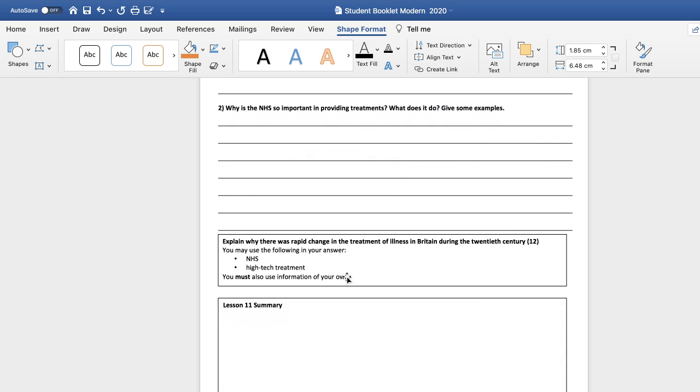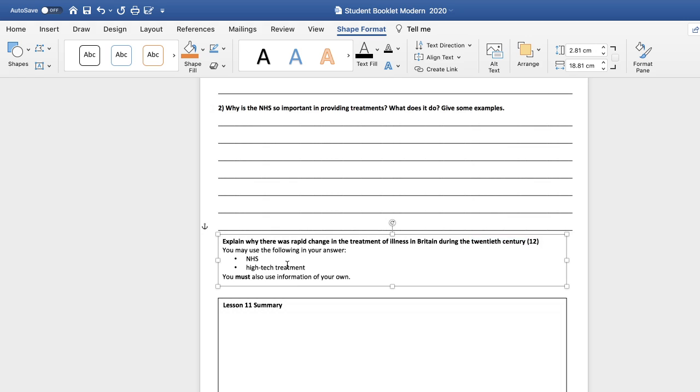Now, there is an explain why question, which I'm happy for you to attempt to plan if you want, which says, explain why there was a rapid change in the treatment of illness in Britain during the 20th century. So that essentially reads, why was there change in treatments during the 20th century? So what changed? And that's obviously comparing to the previous time.